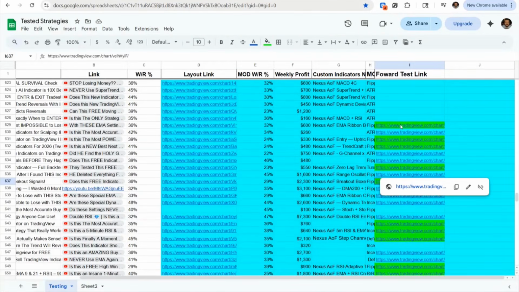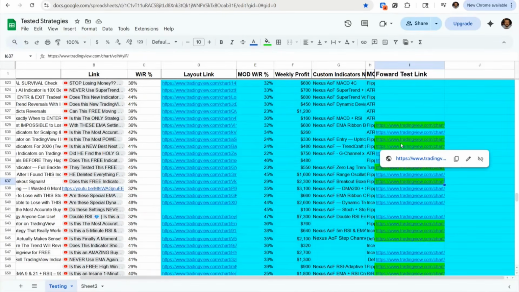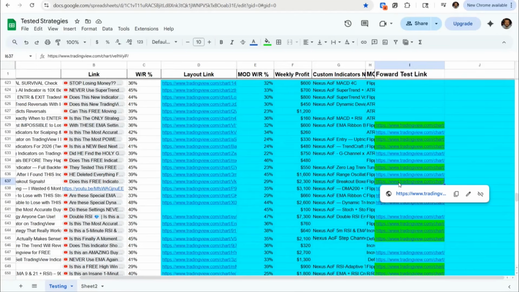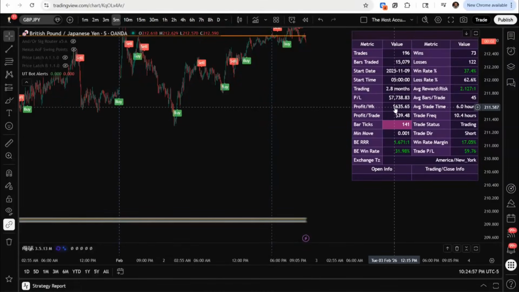But the really cool things are these links right here. These are the forward testing links. So forward testing basically means we put Nexus into an environment where it forward tests the strategy like it's live trading in the market. And these are the links to that. And the ones marked with the green here means that they are profitable strategies in forward testing, generally over a couple hundred trades or at least 100 trades and a reasonable amount of profit. So we'll just run through 3 of them real quick. You can see this one right here, $635 profit per week.